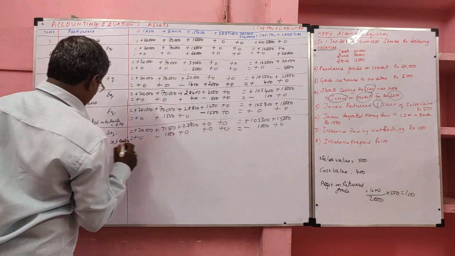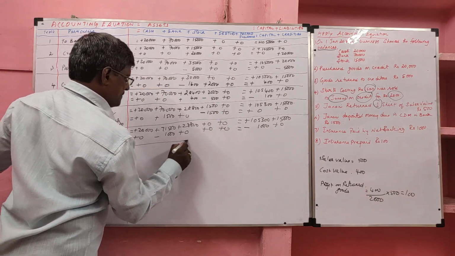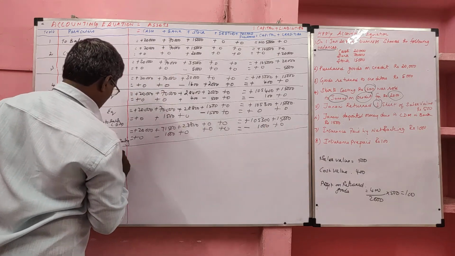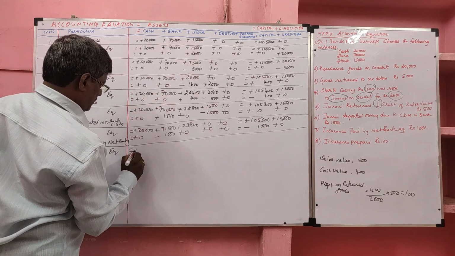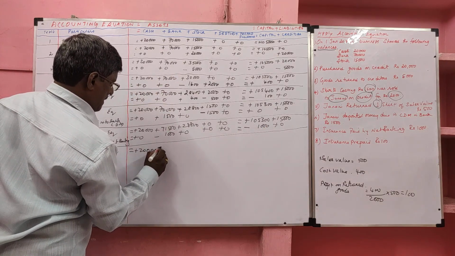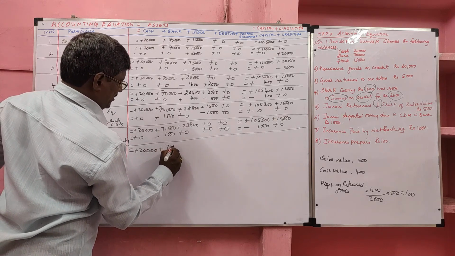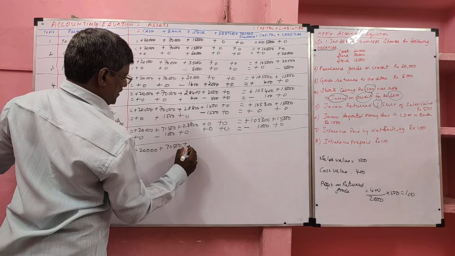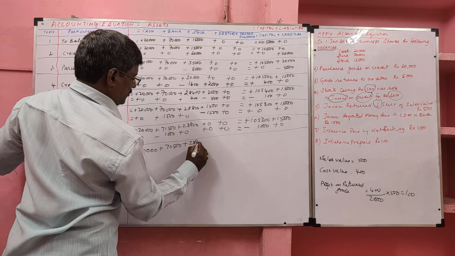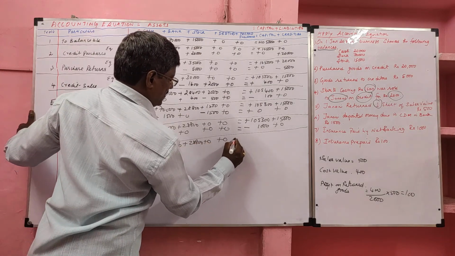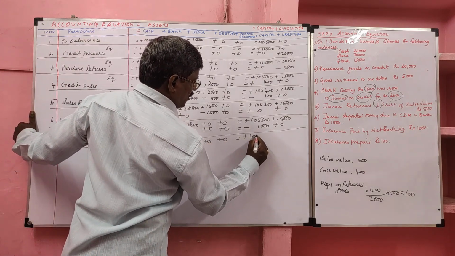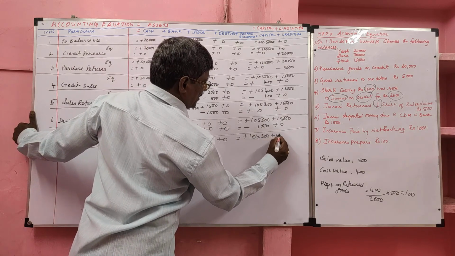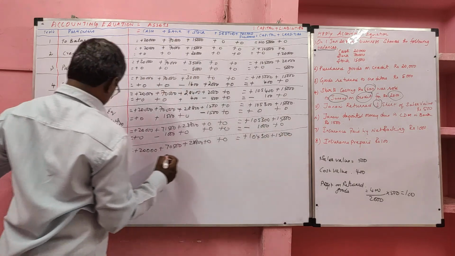Now the balancing equation plus 20,000 plus 70,500 plus 28,800 plus 0 plus 0 plus 104,300 plus 15,000.